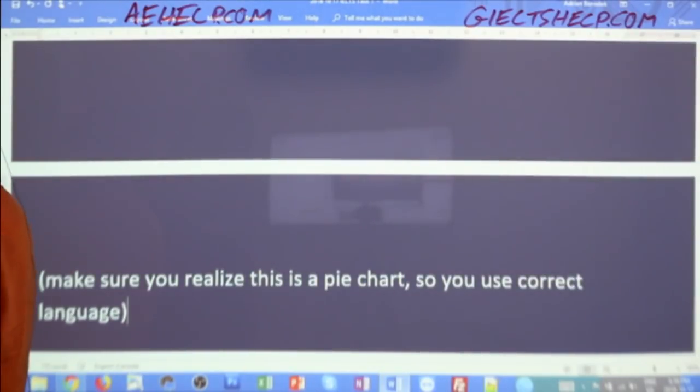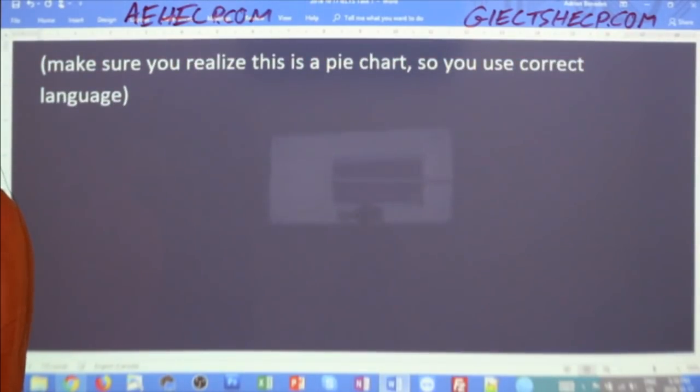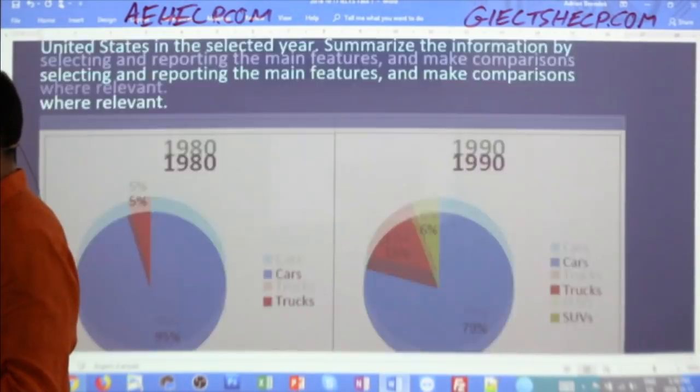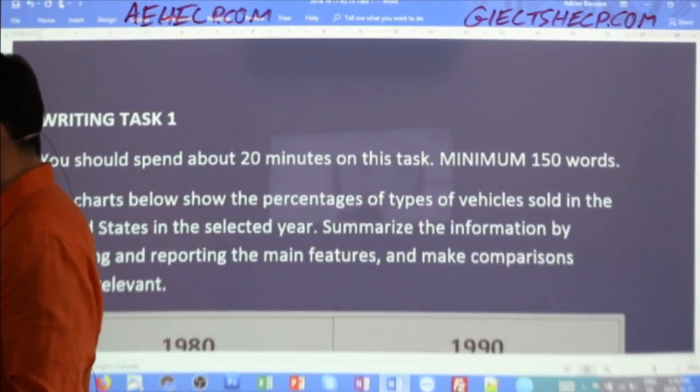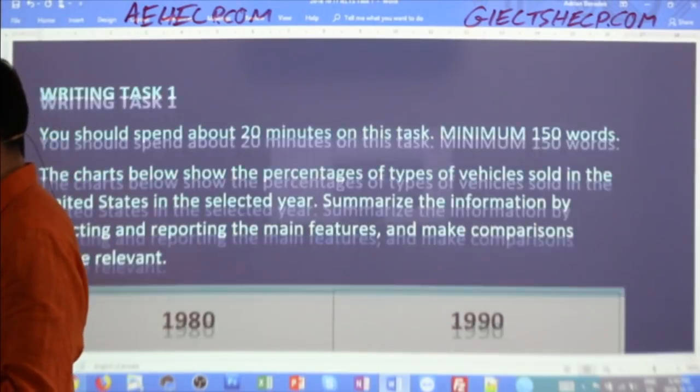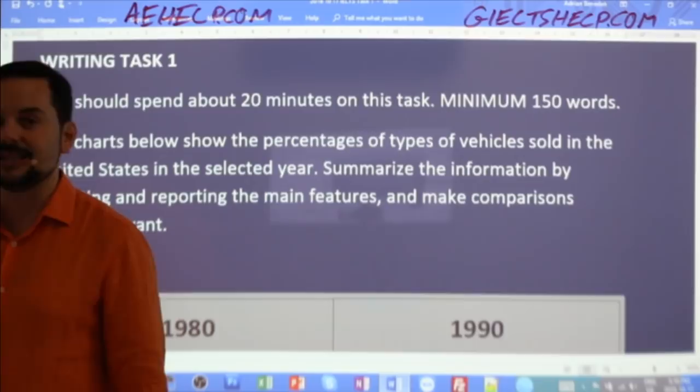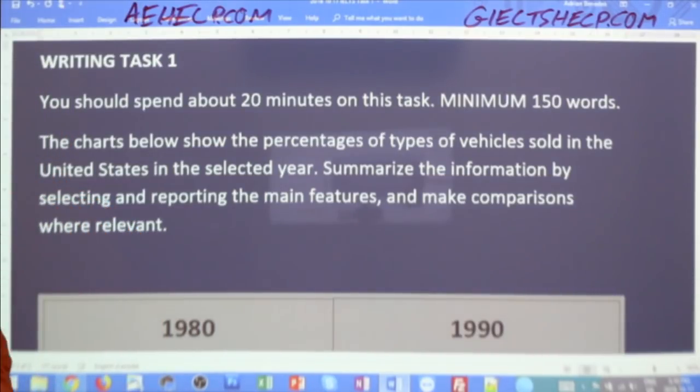Okay, and then secondly, your big first step 1 is paraphrase the question and add detail, okay? Remember, I keep saying that. Add some more detail. So don't just do a simple paraphrase of the question, but add some more detail. So here, it says the charts below show the percentages of types of vehicles sold in the United States in the selected years, okay?